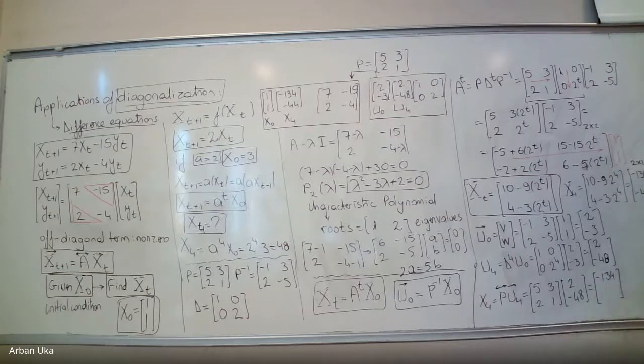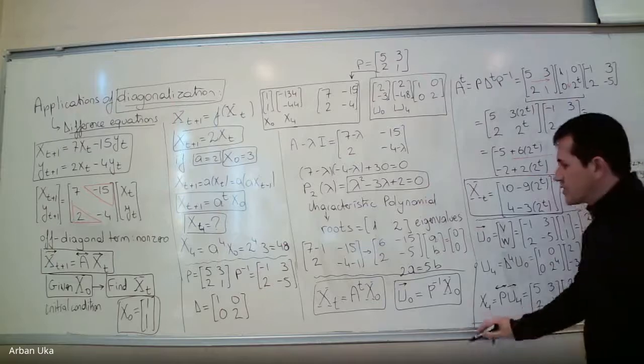And here we have that minus 48 plus 4, this is minus 44. Okay, so it looks like we can solve the question that we asked.